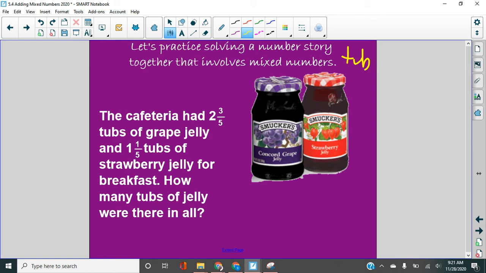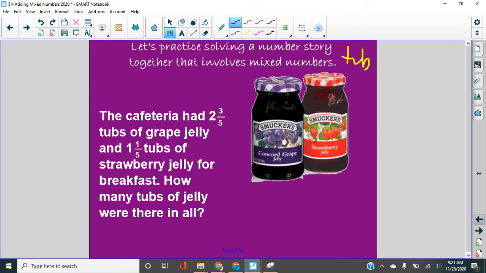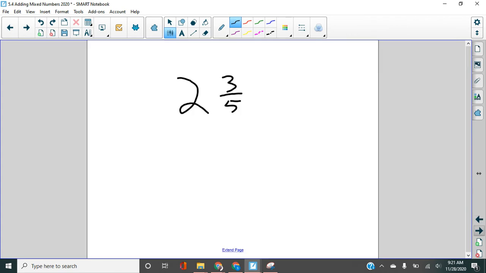So what I want you to do is to set this up the same way that you would set up a regular adding problem. We're going to stack these numbers on top of each other. 2 3/5 plus 1 1/5.